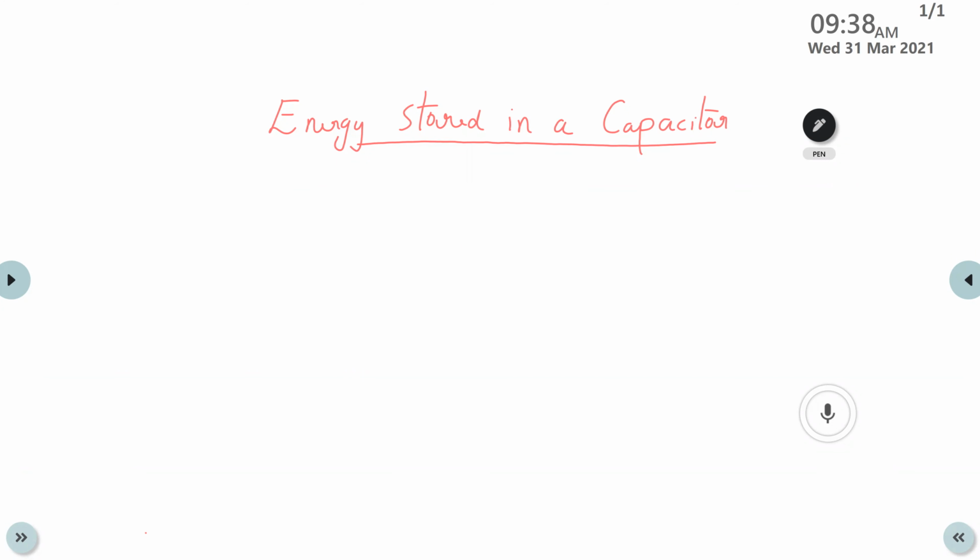Okay, so in order to explain this energy stored in a capacitor, here we can consider a capacitor.